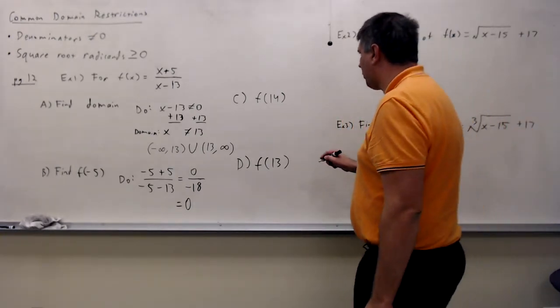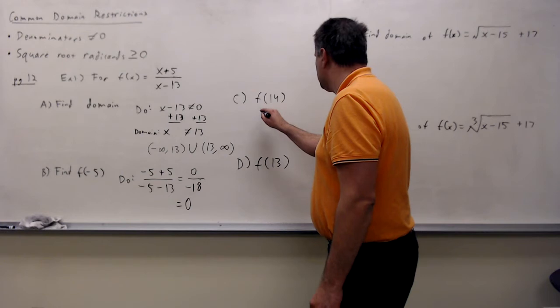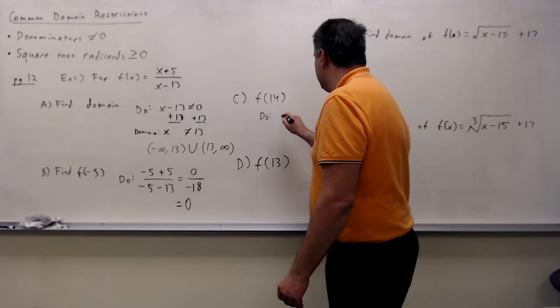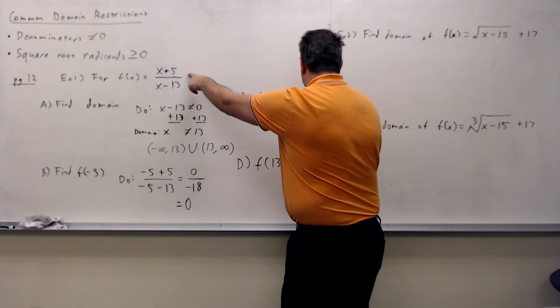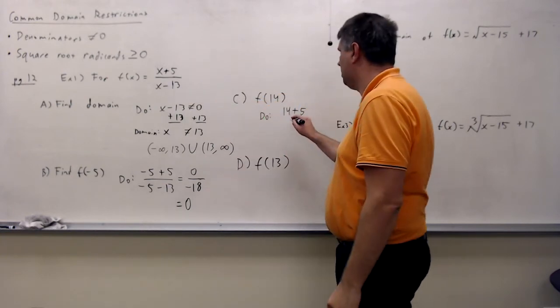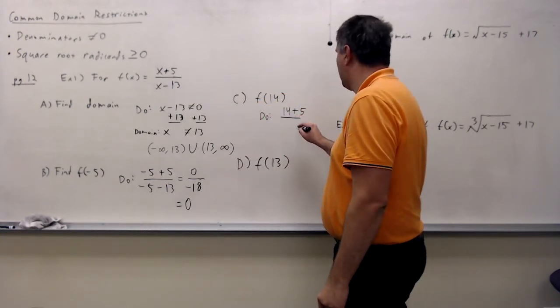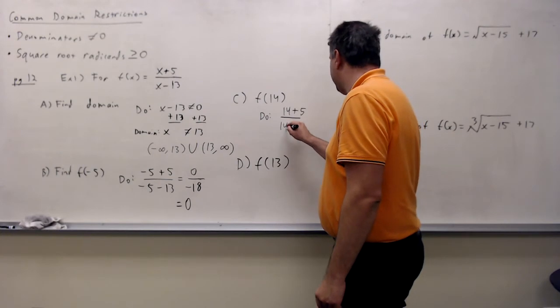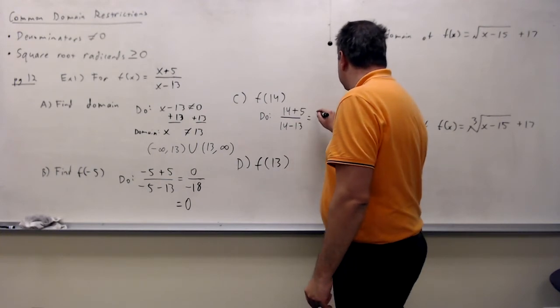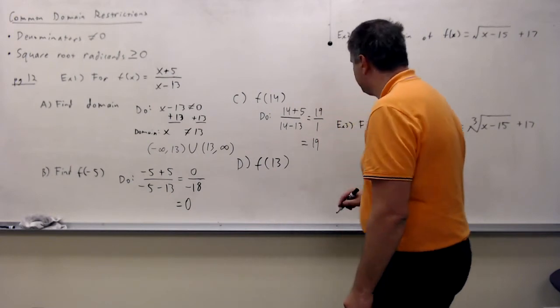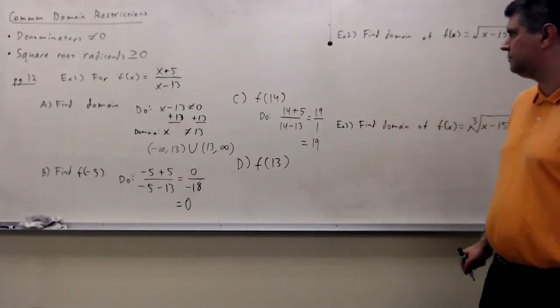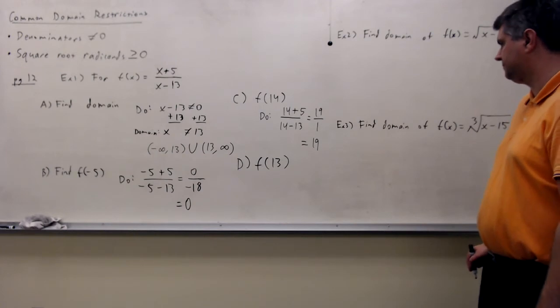All right, f of 14. This is going to be 14 plus 5 over 14 minus 13. So that's 19 over 1, which is just 19. Okay?